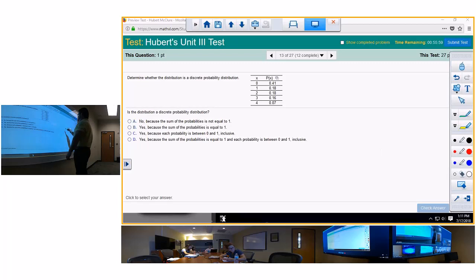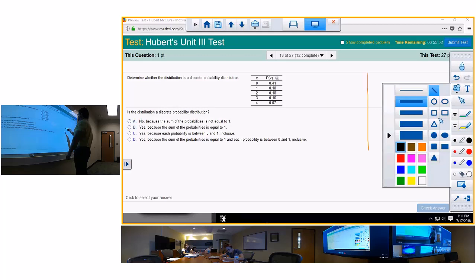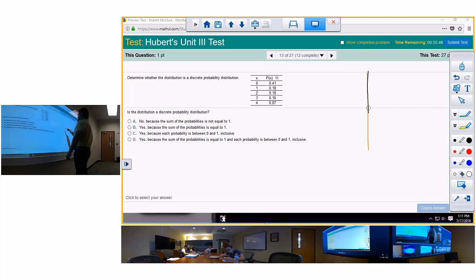That's going to be one of our biggest things that we need to work on, is the ability to make this a little bit bigger, because that's one of my obstacles, is y'all can't see what's on the board. 0, 1, 2, 3, 4. 0.41, 0.18, 0.18, 0.16, and 0.07.